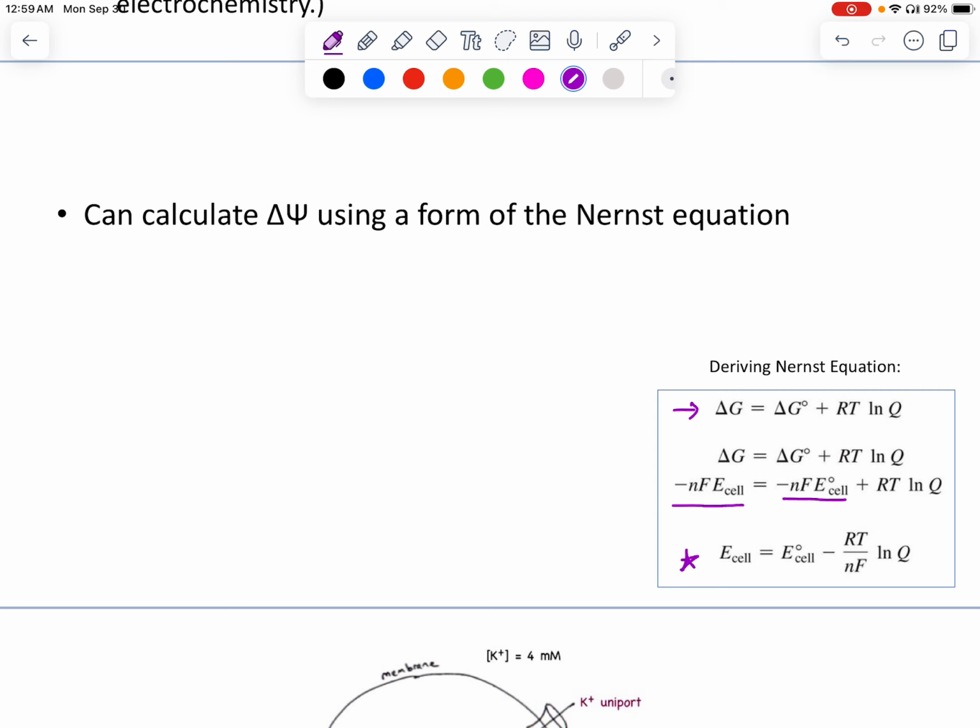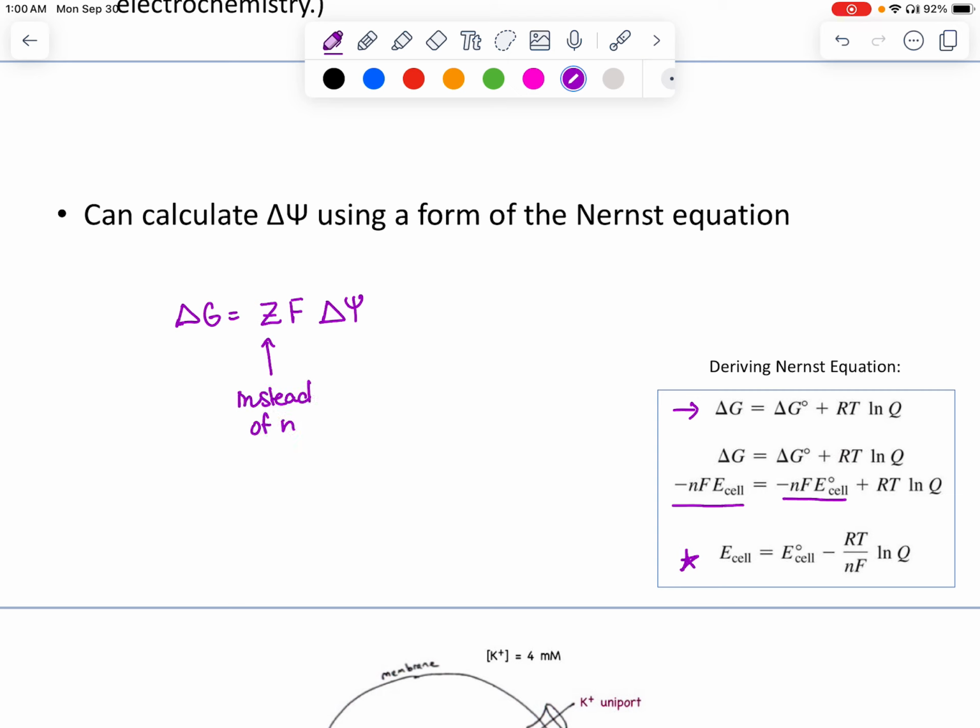We are going to end up using this equation that says that delta G equals Z times the Faraday's constant times delta psi. When you look at this, we're using Z instead of N, which is what we used in electrochem.